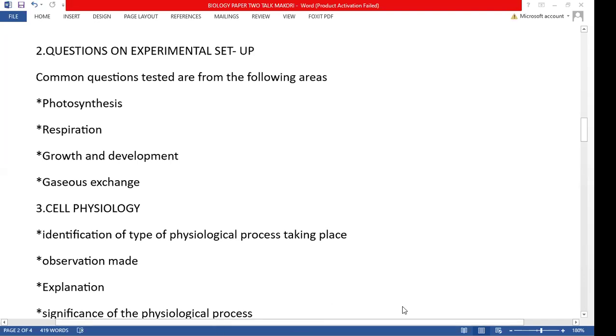Of course, whenever we are going through these questions with the students, they feel like we should say it's gaseous exchange. But we do not accept gaseous exchange because we are supposed to show the direction in which these gases are moving, from and to which place.